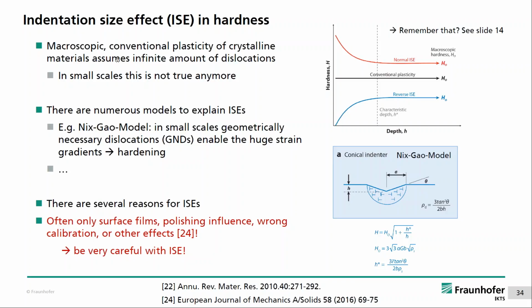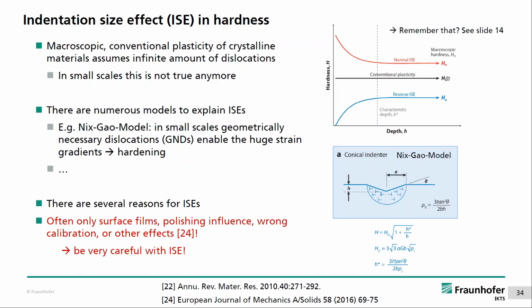In normal macroscopic testing, in conventional plasticity, in the field of hardness measurement, you always assume there's an infinite amount of dislocations in the material, so every plastic deformation can use the dislocations present in the material. At small scales, this is not true anymore.